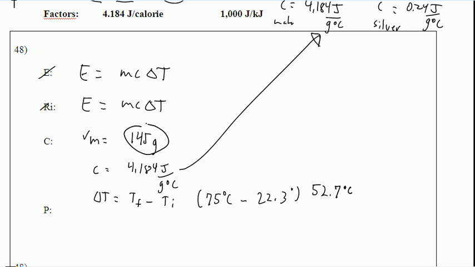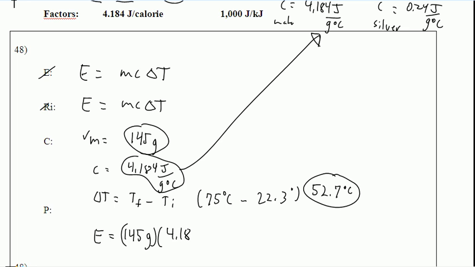Okay, so we have our mass, we have our C, we have our delta T. So we're going to plug them into our equation. Energy equals 145 grams multiplied by 4.184 joules per gram degree Celsius, grams cancel, multiplied by 52.7 degrees Celsius, degrees Celsius cancel, we end up with the unit we want, that is joules.